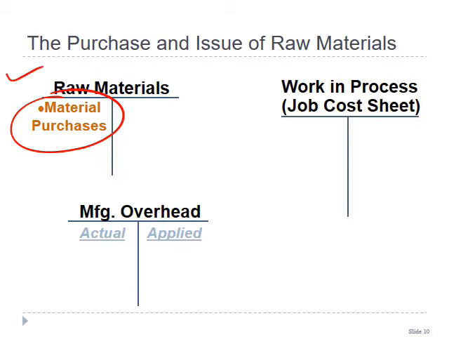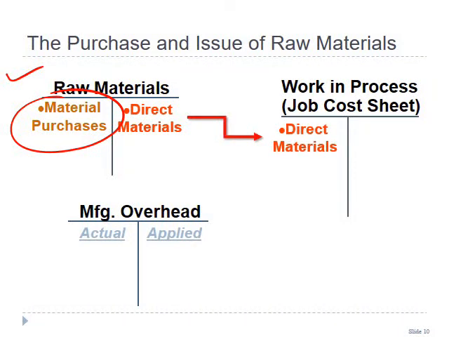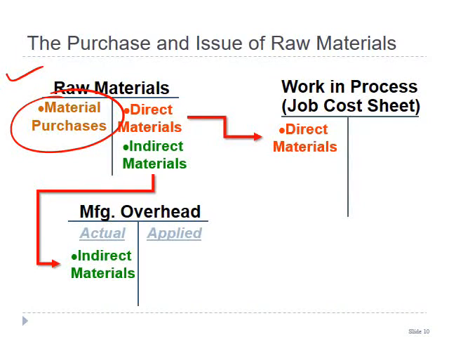So part 2, it would be the cost of direct material requisitioned are debited to work in progress and added to the job cost sheet, which serves as a subsidiary ledger.